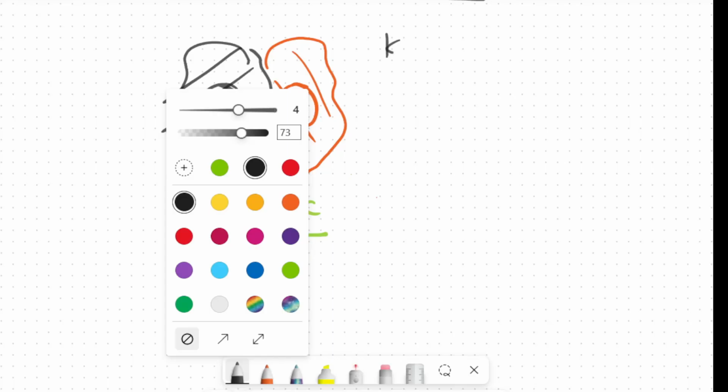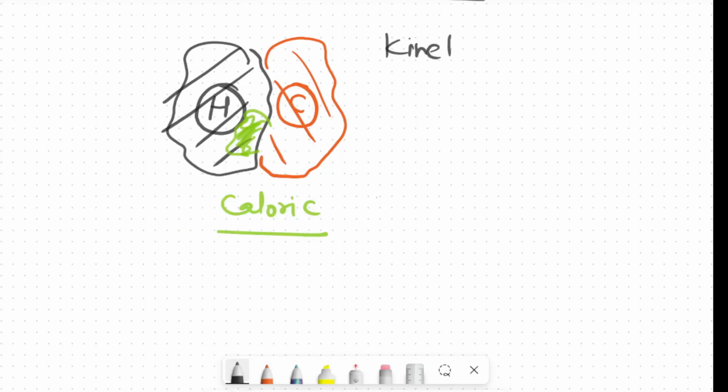In this kinetic theory, the assumption was that the molecules act like small balls which are in motion and possess kinetic energy.